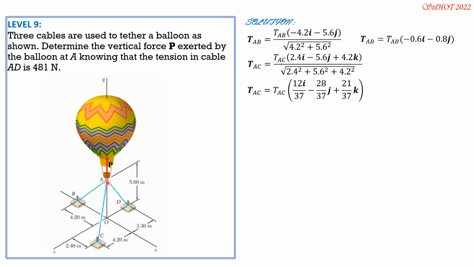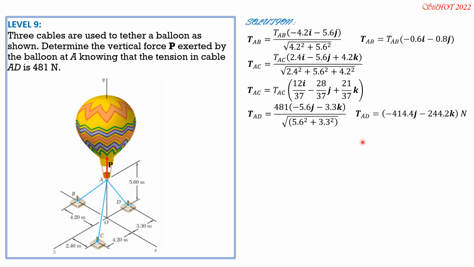And lastly, tension AD, the magnitude is given. So tension AD in vector form is 481 times quantity negative 5.6 j, then negative 3.3 k over square root of 5.6 squared plus 3.3 squared. Simplifying, tension AD is negative 414.4 j minus 244.2 k.